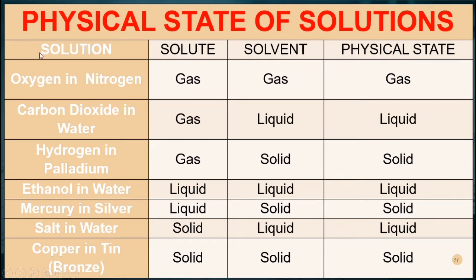For example, in the first solution, we have oxygen in nitrogen. Here oxygen is our solute, which is in gas state, and the solvent is nitrogen, also in gas state, and the physical state of the solution, oxygen in nitrogen, is gas.